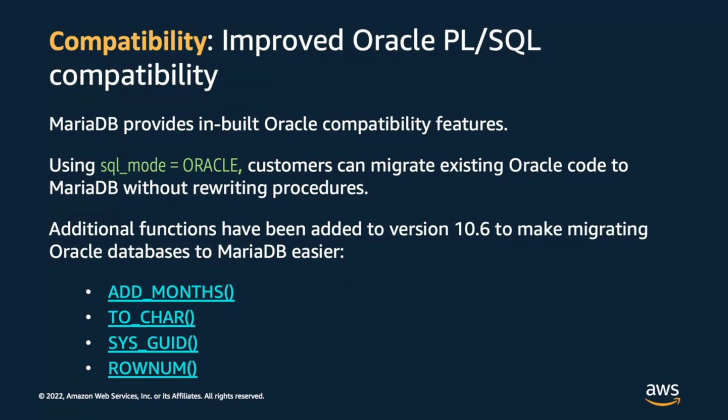If you're coming from Oracle to MariaDB, all you need to do is use SQL mode in RDS MariaDB parameter groups. If you configure that SQL mode to Oracle, the existing code that you're running on Oracle will seamlessly work on MariaDB.